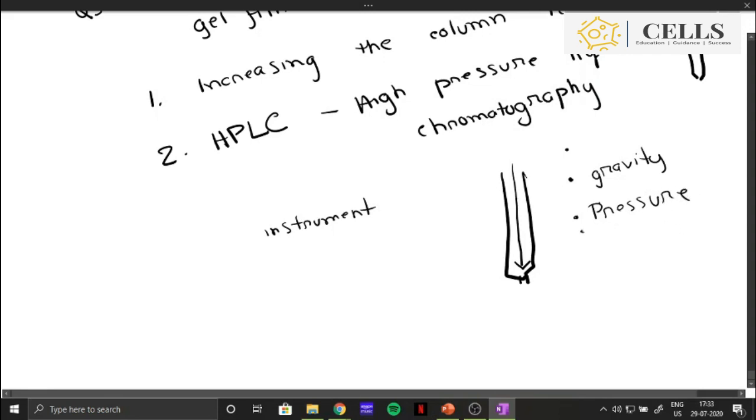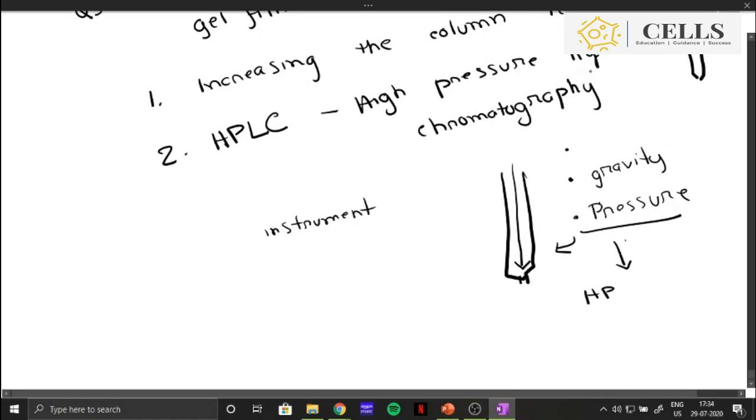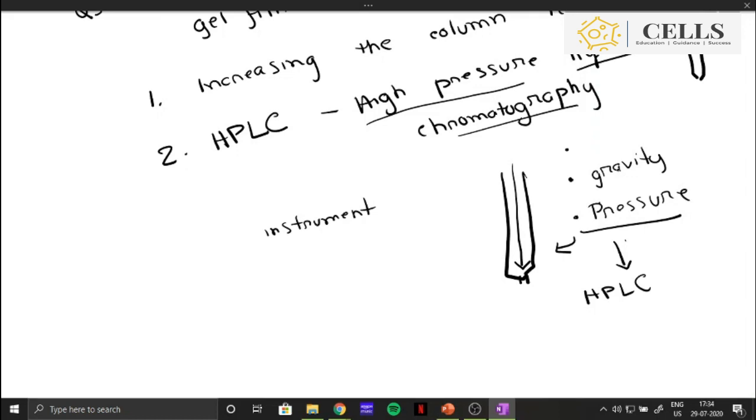Using pressure with size exclusion chromatography is called HPLC. High pressure, because you are using pressure for the separation, and liquid, because the supernatant is liquid, chromatography. High pressure liquid chromatography is basically using pressure to separate the proteins in size exclusion chromatography.